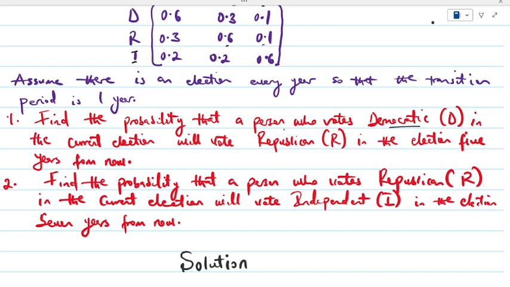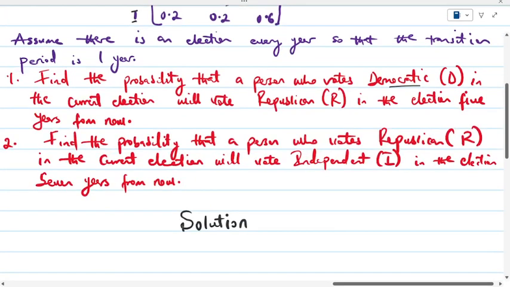Second, find the probability that a person who votes Republican in the current election will vote Independent in the election 7 years from now. With the help of the Chapman Kolmogorov equation, this will be easy to solve. Let us start with solution number 1.